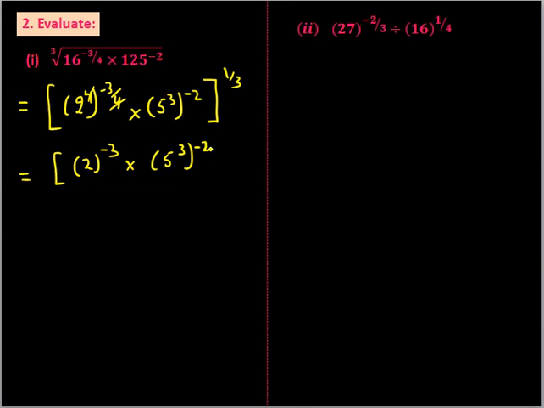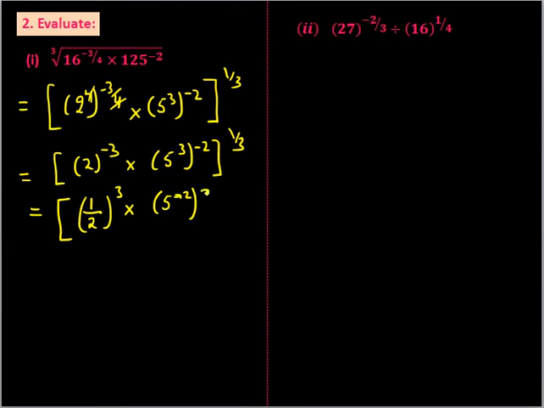Let us keep it like this for the time being and see if both the terms have got a certain power which is common to both. Before that, even this can be slightly changed. We can write it as 1 over 2 whole cube, and doing the same sort of change here, firstly we can write it as 5 with an exponent minus 2 and this raised to the power 3, and then taking its cube root.